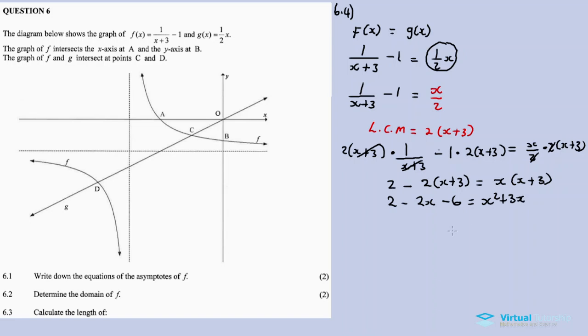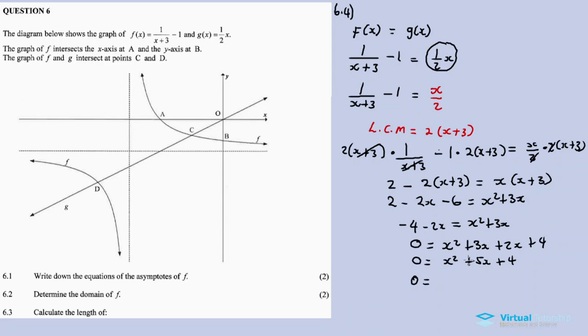Now, what's this? It's a quadratic equation. But let's simplify the left hand side before we transpose. It's minus 4 minus 2x equals x squared plus 3x. Then transposing, 0 is equal to x squared plus 3x plus 2x plus 4, so 0 is equal to x squared plus 5x plus 4.